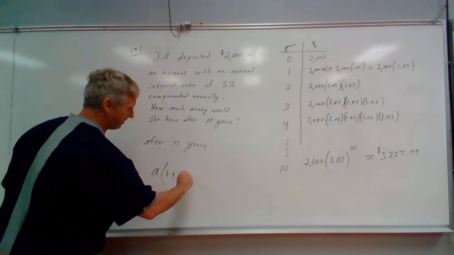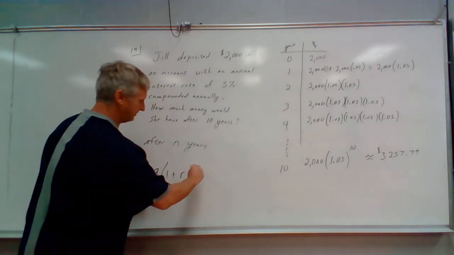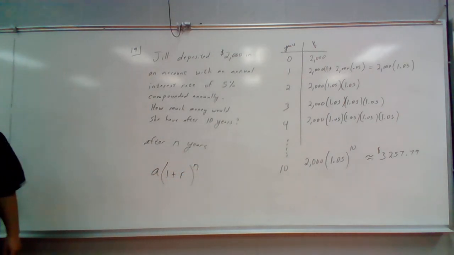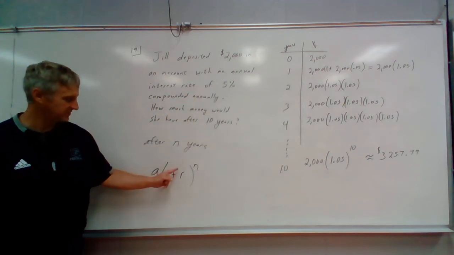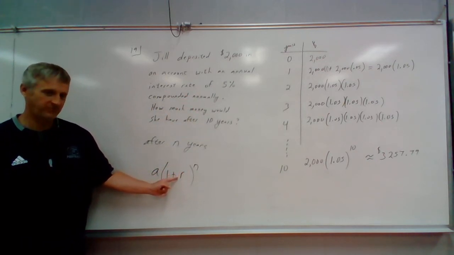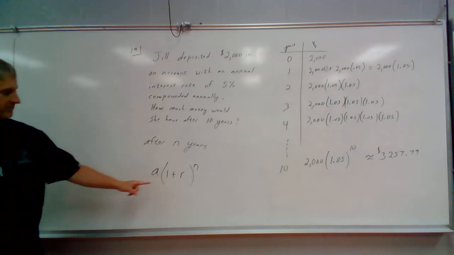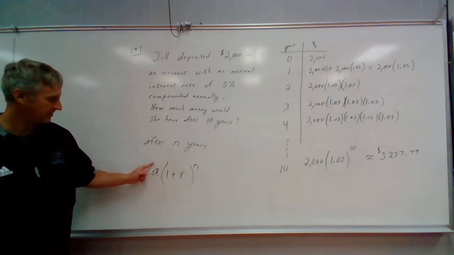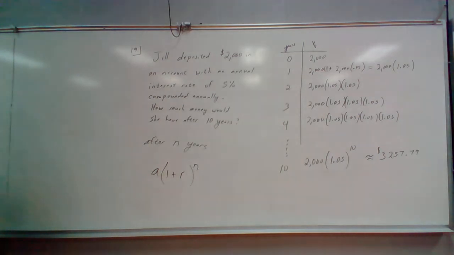We'll call that R for interest. And you're going to raise that to the nth power. So it's really a simple formula. If your interest rate is 5%, the R would be 0.05. So 1 plus 0.05 is 1.05 raised to the 10th power times what you start with is 2,000, and that'll tell you how much is in your bank account.